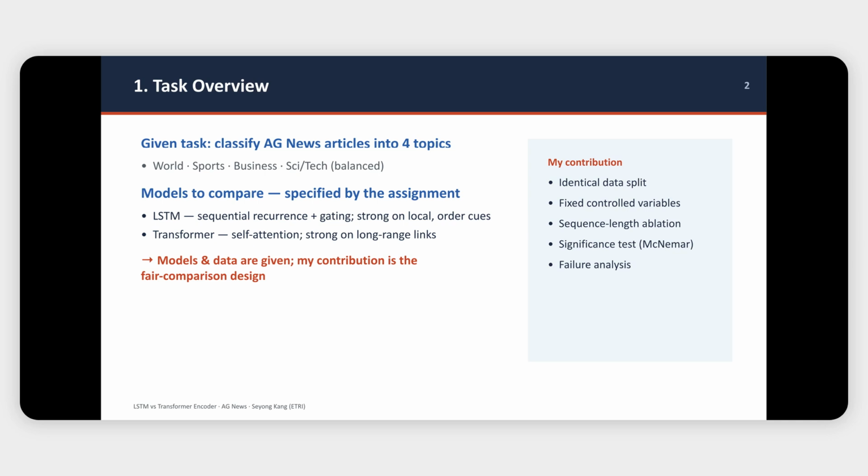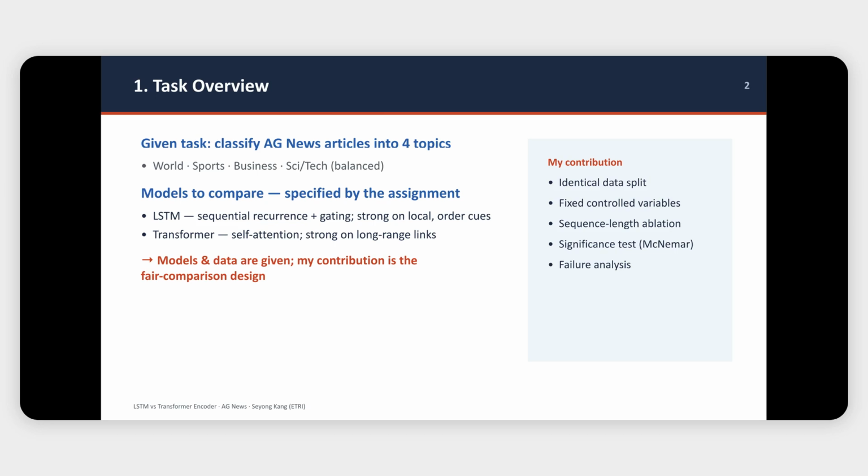The given task is AG News classification. Each article goes into one of four balanced topics: world, sports, business, and sci-tech. The two models read a sentence in opposite ways.